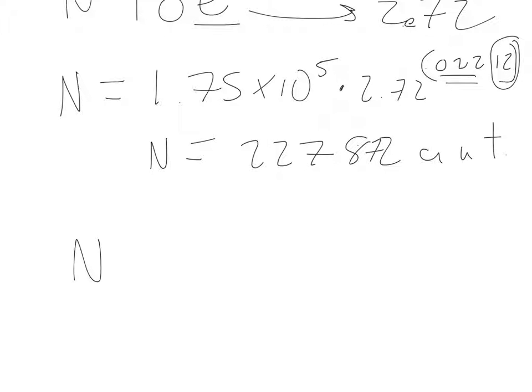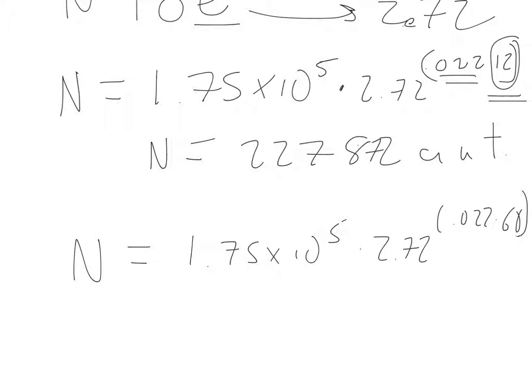So we would set it up. N equals 1.75 times 10 to the fifth ants times our 2.72, and then to the exponent of 0.022, and then we have to multiply it not by 12 months as we did there, but by 60 months, which would give us a 5-year time span.